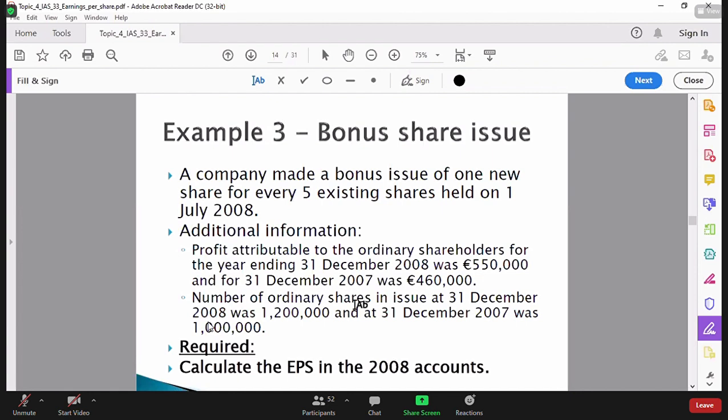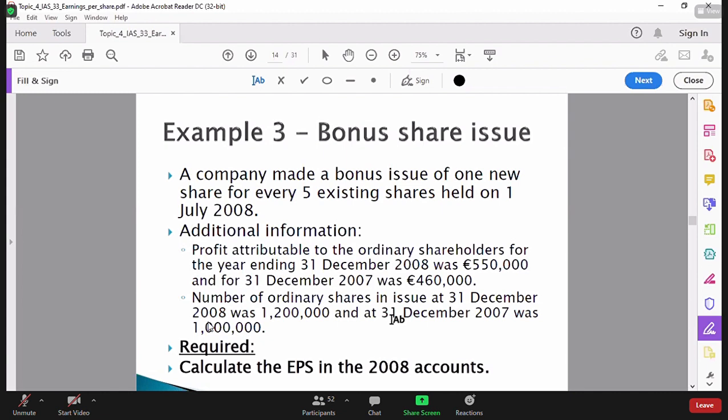So the number of ordinary shares in issue, the share capital, as at 31st December 2008 is 1.2 million. How do we get 1.2 million?